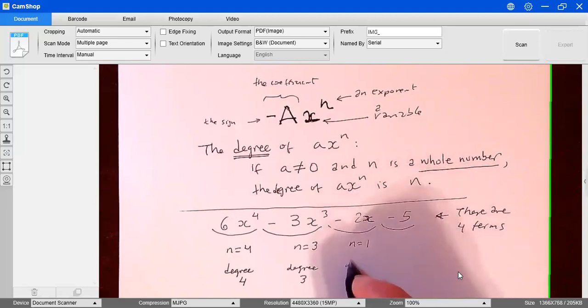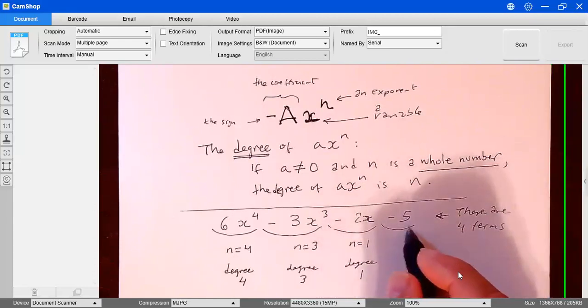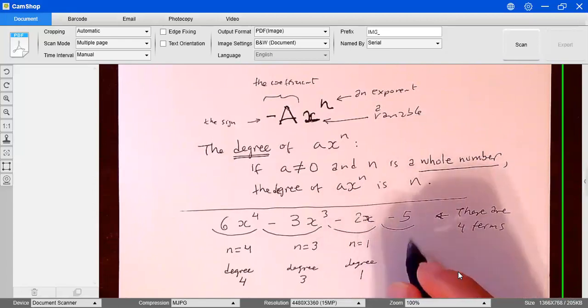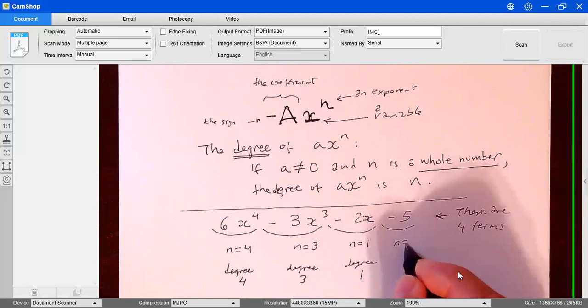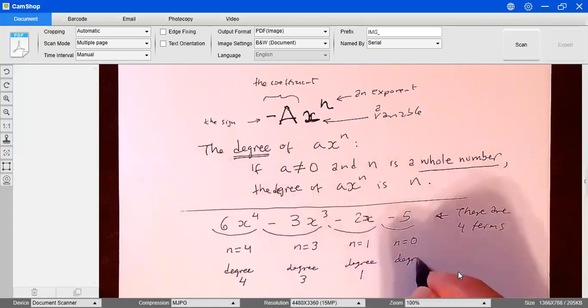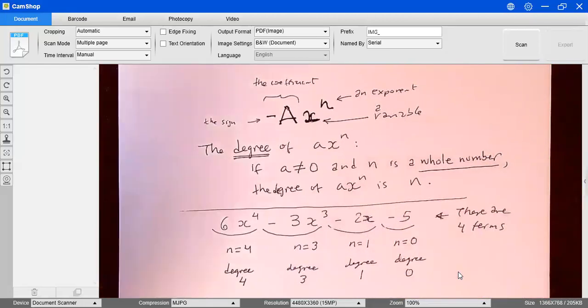So we're going to say that the degree of this term is 1. Finally, when you have only the constant term, in this case -5, then the exponent of the variable is going to be 0. So the degree of this term is 0.